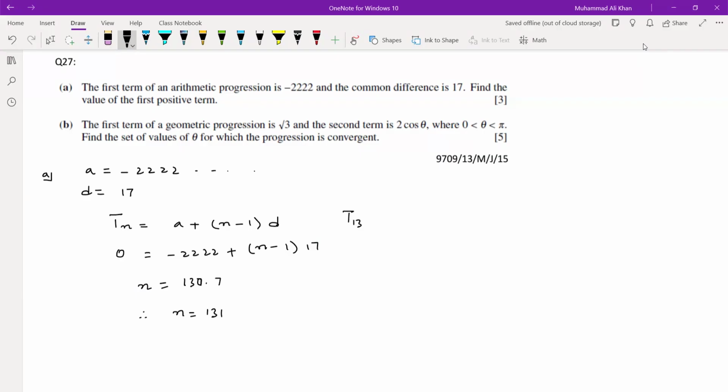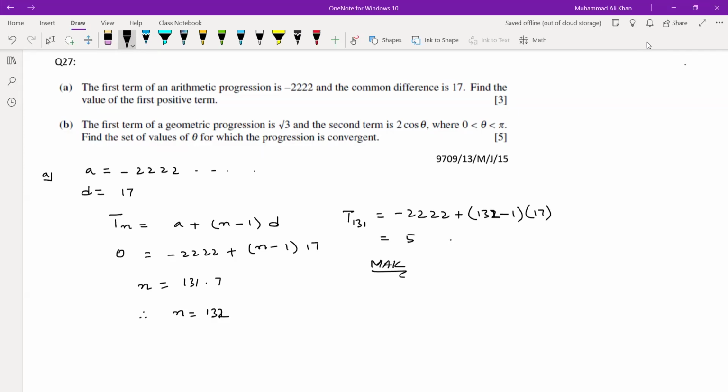So T131 equals a, which is -2.22, plus (n minus 1) into the common difference 17. This is 131.7, so it will be the 132nd term. Here it is 132, and after this the answer is 5.